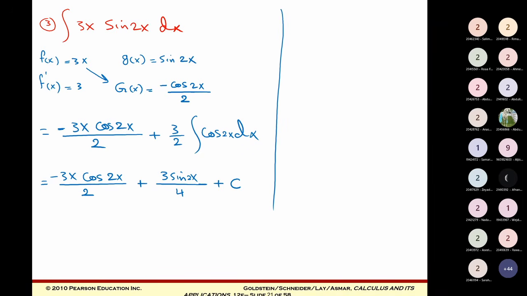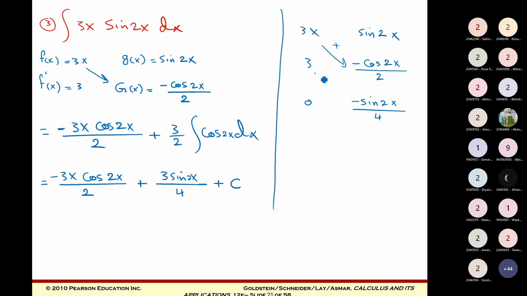Also, we can apply 3x with sine 2x. The derivative of 3x is 3, after that 0. The integral of sine is negative cosine 2x over 2. Integral of negative cosine is negative sine 2x, but over 2, and we have 2, so over 4.